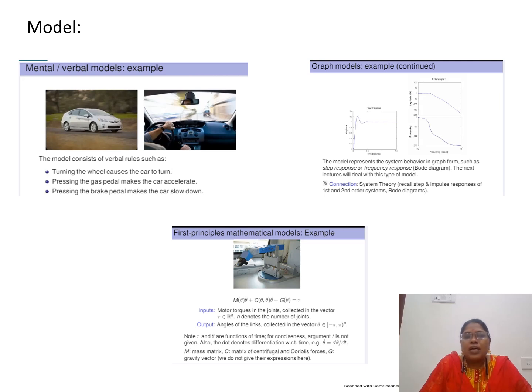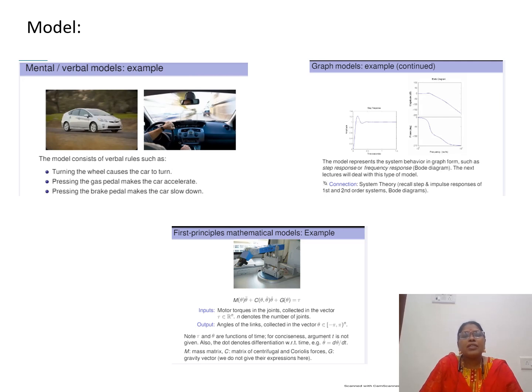Now here we have three different types of models. One is the mental model or verbal model, the second is the graphical model, and the third is the mathematical model. A verbal model has no mathematical formula, no mathematical relations. Whatever we have as a sentence or words we can use as a model.